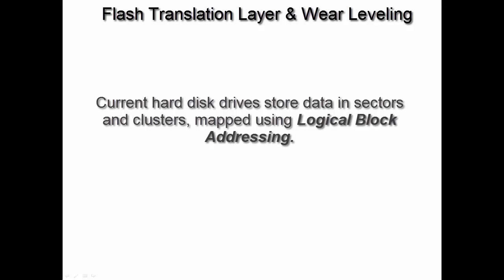Before I go over the two aforementioned algorithms, I'm going to review some of the basic differences between how hard drives and flash memory store data. The most recent hard disks store data in sectors and clusters. The way that these sectors and clusters are mapped on the hard disk is through logical block addressing.